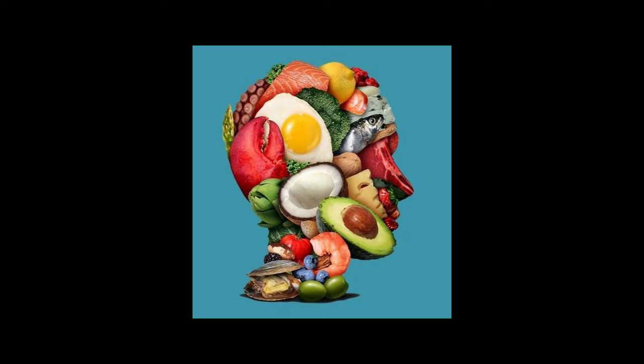Now we're going to be talking about the enzymes that are involved in the chemical digestion of carbohydrates, lipids, and proteins. So for carbohydrates, there's the salivary enzyme amylase that starts the breakdown of food starches into maltose and disaccharides.